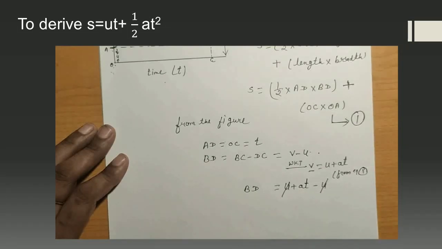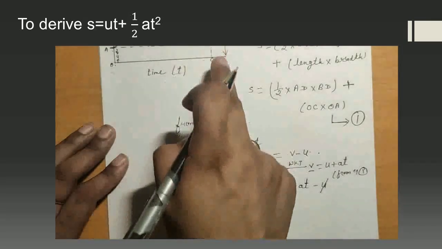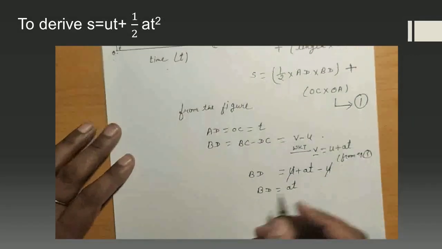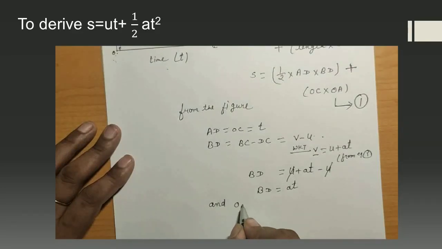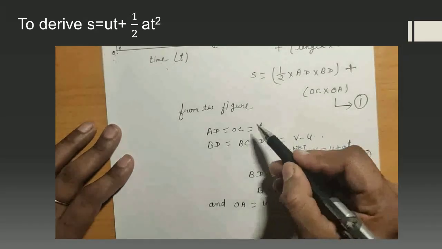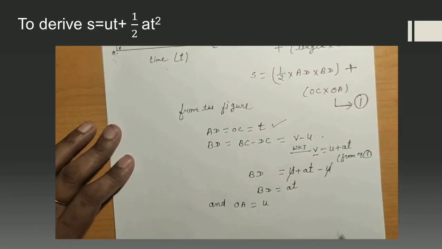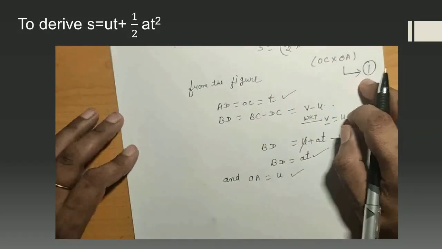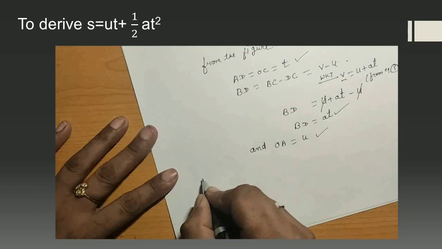So plus and minus cancel. So the value of BD will be at only. Clear? And OA is equal to the initial velocity u. So we have the value of AD and OC, the value of BD, and the value of OA. Now we will put all these values in this equation.